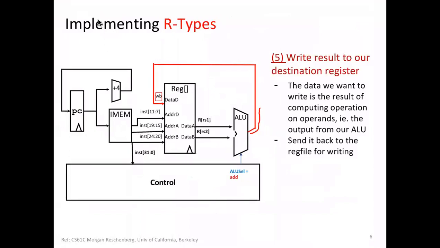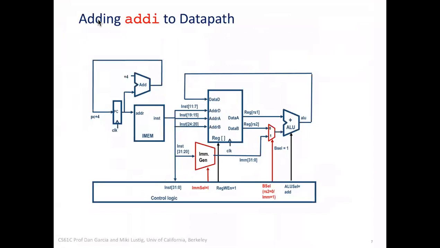And then we added the ADDI instruction. The ADDI instruction required this unit, which generates the immediate value, and then we add this to the contents coming from register 1, and the output goes back to the register.